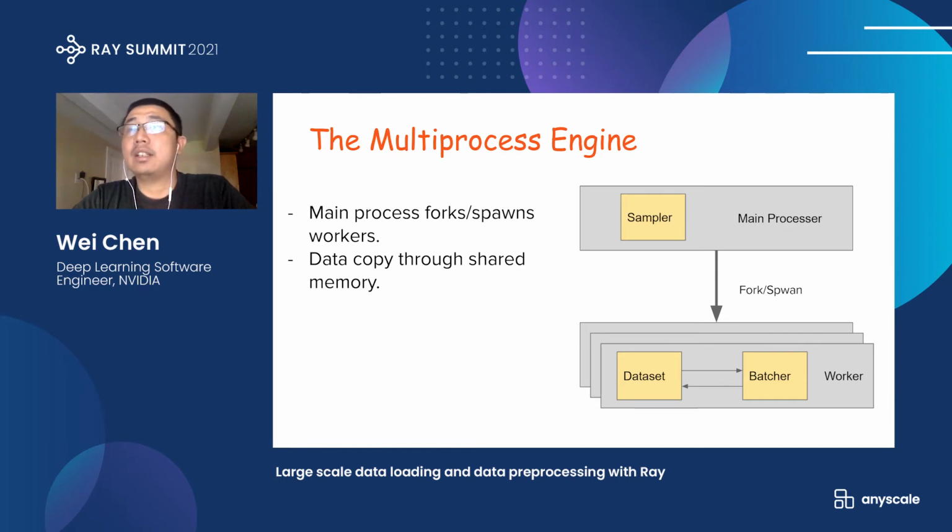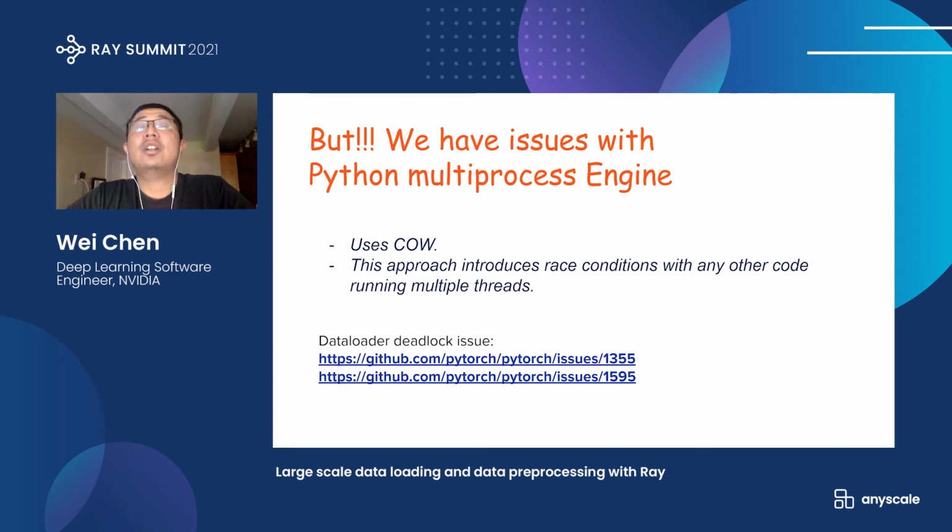So basically, it's a zero copy. It just copies the pointer through the shared memory. But it has some limitations. First, in order to leverage shared memory, the thing returned from the worker to the main process has to be a PyTorch tensor.